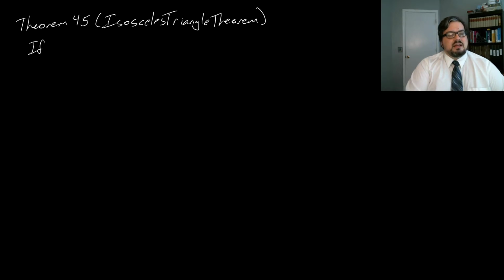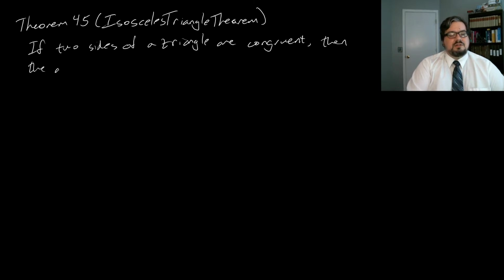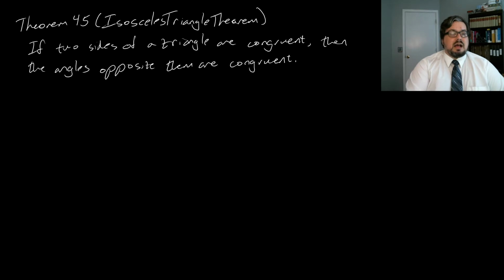It says, if two sides of a triangle are congruent, then the angles opposite them are congruent. So, isosceles triangles are one of the types that we tend to be most familiar with.